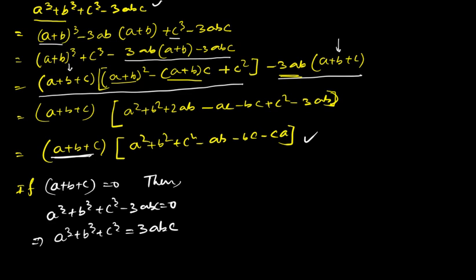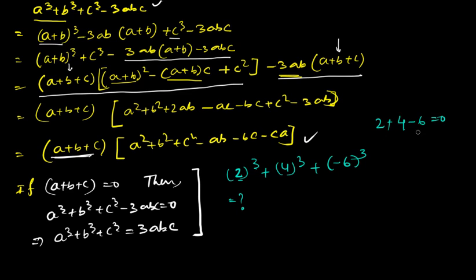This formula has a significant amount of use. Like say I need to find 2 cube plus 4 cube plus minus 6 cube. I actually don't need to calculate. I just take these values, 2, 4 and minus 6, whose sum a plus b plus c is itself 0. That means a cube plus b cube plus c cube will be 3abc.